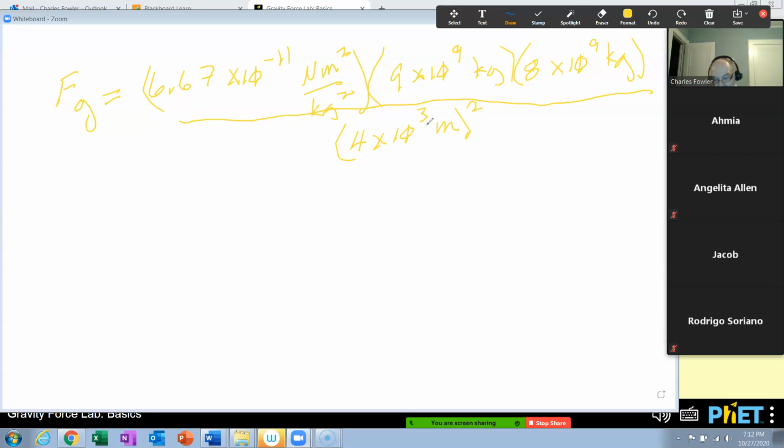Now, 6.67 EE 11 negate times 9 EE9 times 8 EE9 divided by, open parentheses, 4 EE3 close parentheses squared equal.